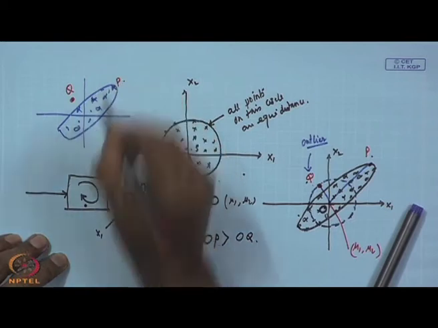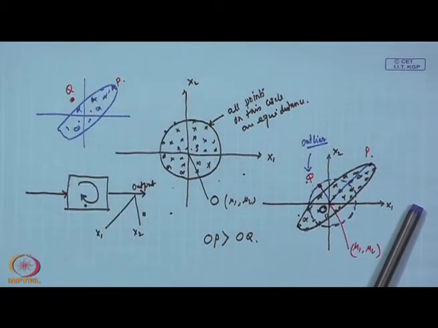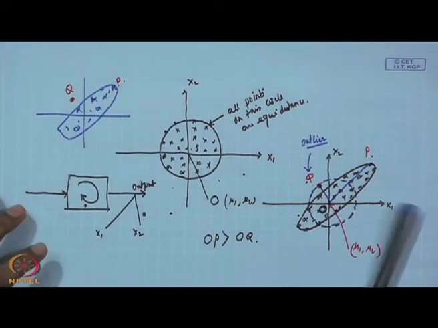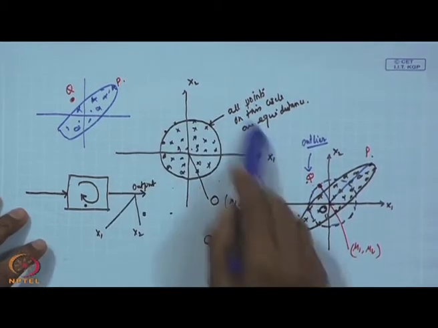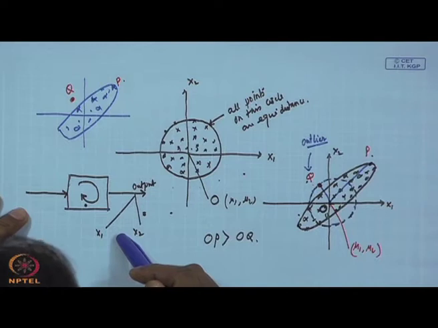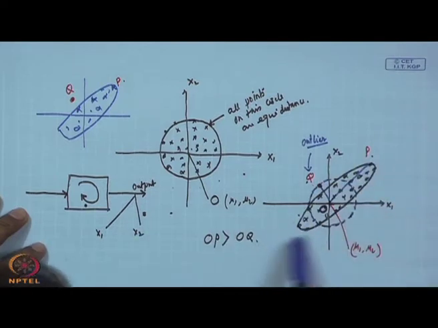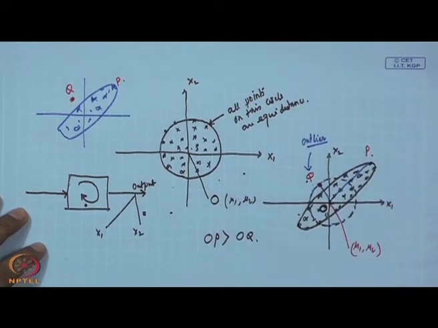It simply indicates that if we go by the Euclidean distance measure, we cannot capture this behavior.